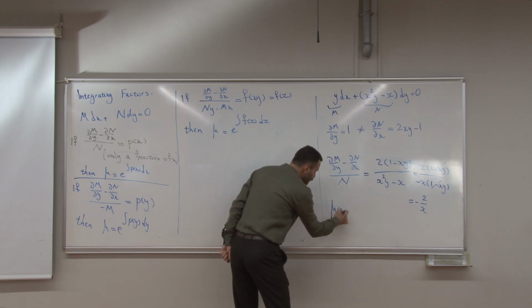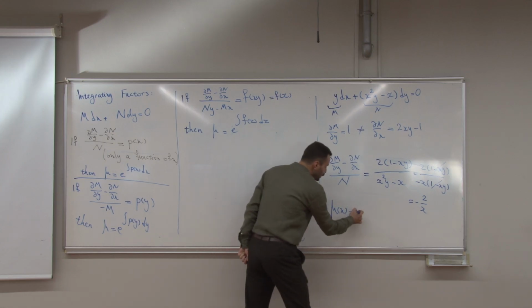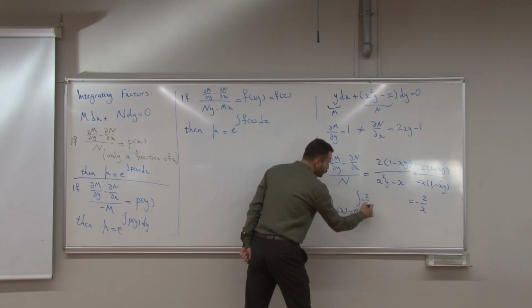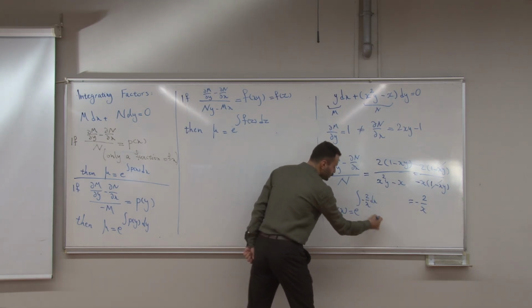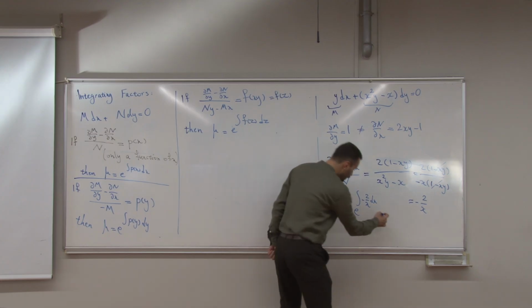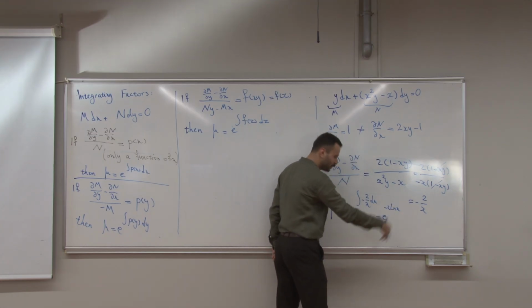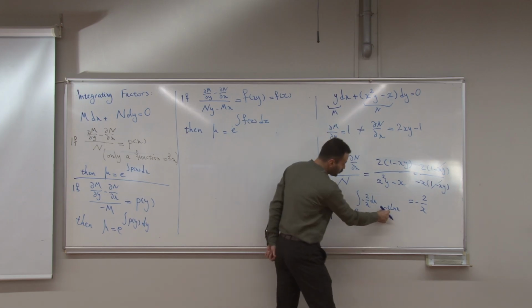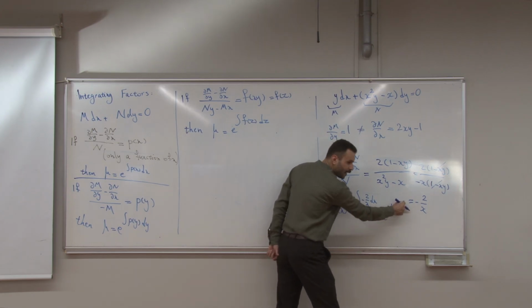So our integrating factor is going to be what? e to the power of the integral of minus 2 divided by x dx. And what is this going to be? Minus 2 ln x, so e to the power of minus 2 ln of x. I'm dropping absolute values and the constant c.